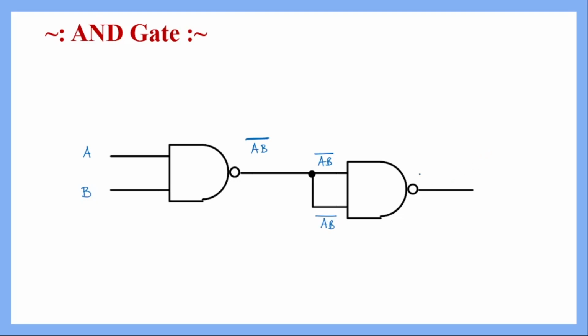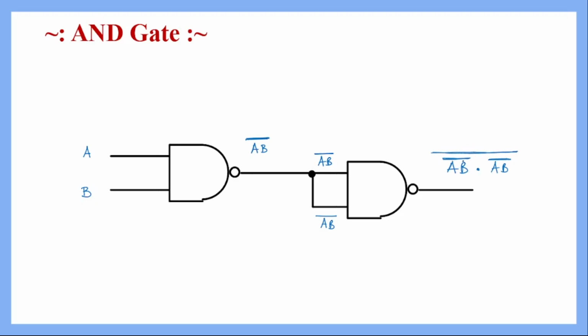Now what will be the output? This is NAND operation, so one input is AB complement, and the other input is AB complement as well. Between these two inputs, first we will have AND operation and then we will have the complement of that, and that completes the NAND operation. So AND plus NOT.